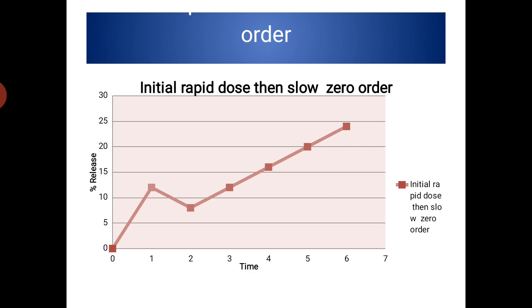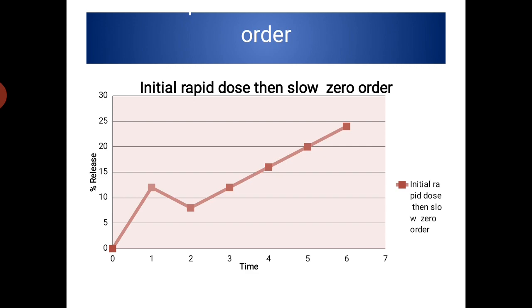Then till 24 hours it gives a controlled release. As a result of the burst release, it attains a steady state concentration. That means from the second hour onwards, it maintains a steady state concentration in the body. Now, after 24 hours, the patient is taking the second dose. The second dose also gives what? A burst release.